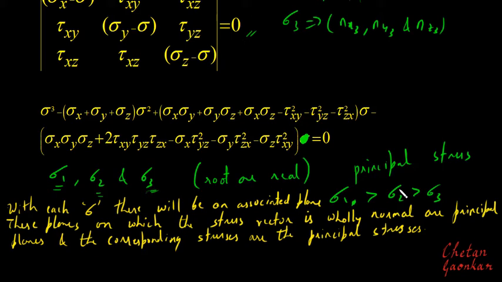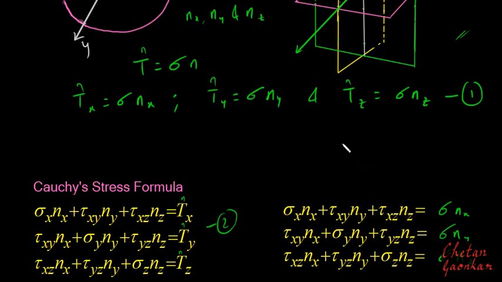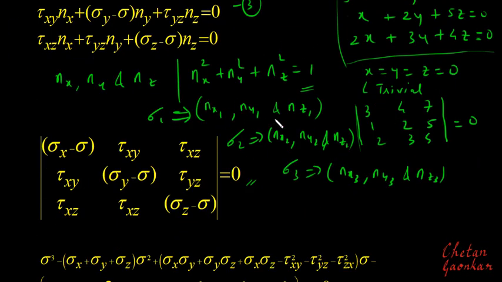Again, just to revise, we got three principal stresses as sigma 1, sigma 2, sigma 3, and associated with these three principal stresses we know that there will be three principal planes whose orientation will be given as nx1, ny1, nz1, nx2, ny2, nz2, and nx3, ny3, and nz3.